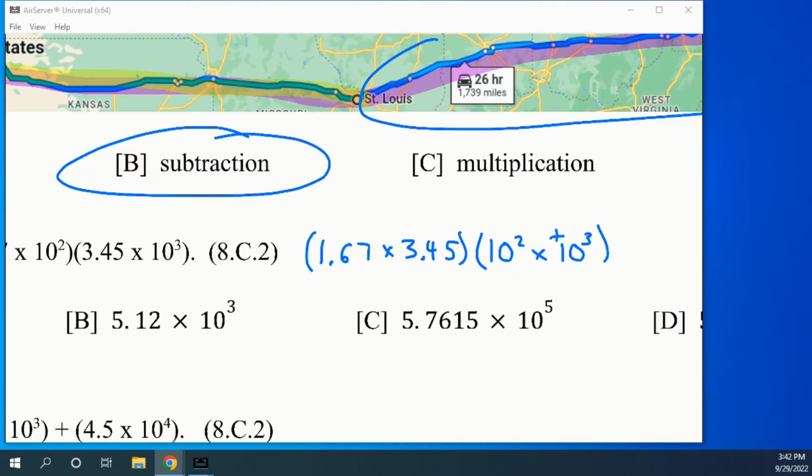So I'm going to take 1.67 times 3.45, which gives me 5.7615 times whatever 2 plus 3 is, so times 10 to the fifth power.